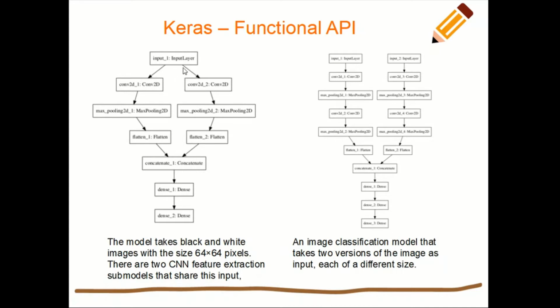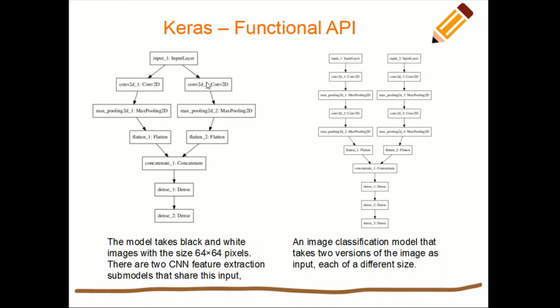In the first case, we have a single input, but we are creating two separate stacks of layers. One is this path here, and the second is this stack of layers, and the single input is being processed in different ways. For example, we might have different filter sizes in the two convolutional layers here.